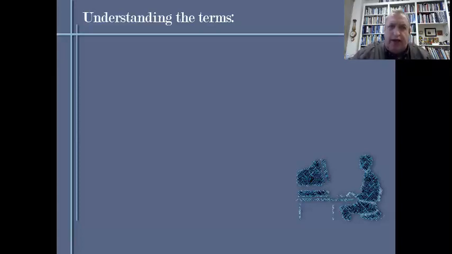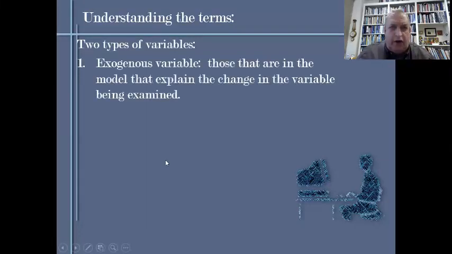And so I want us to take a few minutes and look at some of the terms that are being used as we move through the idea of path analysis. First of all, there are two types of variables. The first one is the exogenous variable. And those are the variables that are in the model that explain the change in the variable being examined.